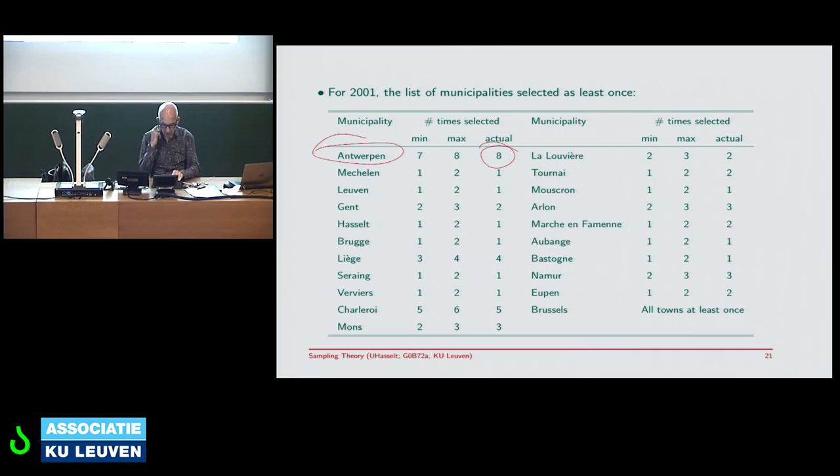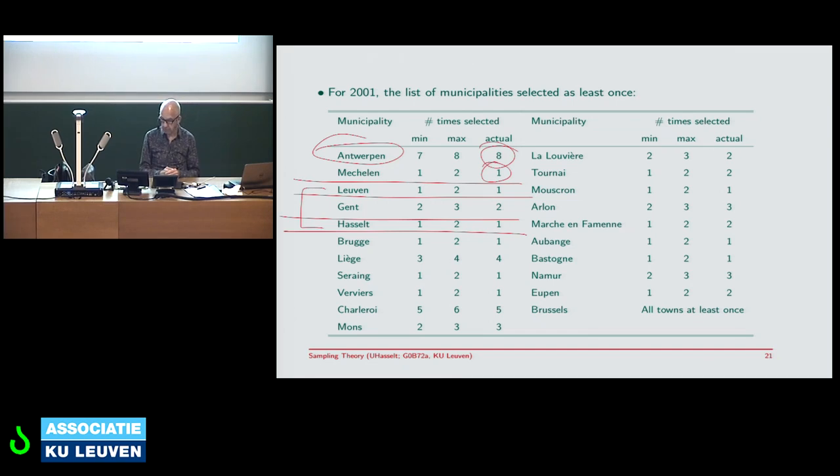Mechelen got 1, but it's not a regular town because Mechelen is represented for sure within the province of Antwerp, and there it stops. Then we have Vlaams-Brabant, Flemish Brabant, where the city of Leuven was selected once, but it could have been twice. Hasselt, incidentally, was selected once, but it could have been selected twice. So Leuven and Hasselt are on exactly the same footing here.